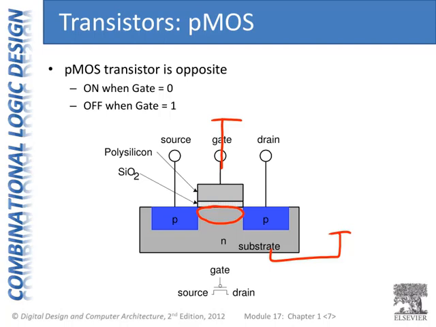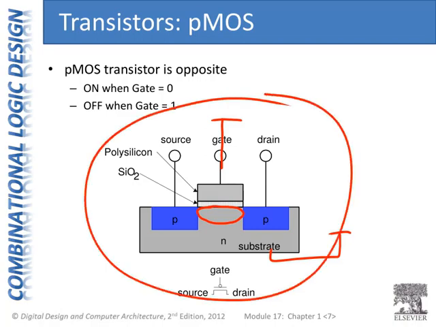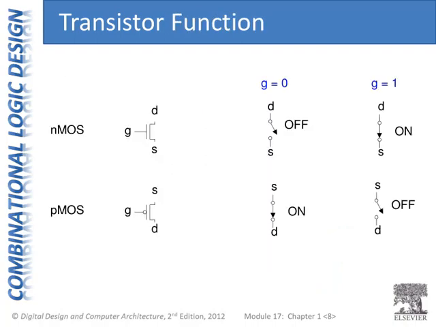This physical understanding of how transistors work is important because it's not just magic. We can understand at a lower level how these transistors work. That said, I will never ask you to draw a transistor at the silicon level. It's important for you to understand it, but I won't ask you to draw it. I do, however, expect you to understand it at this high level.